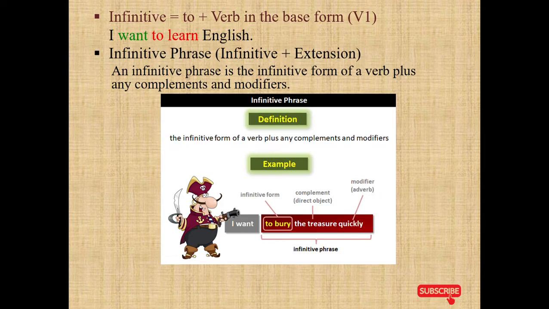He wants to bury the treasure quickly. Here to bury is infinitive, and to bury the treasure quickly, the total part, is infinitive phrase. After to bury, we get a complement or direct object, the treasure, and then we get a modifier, quickly.